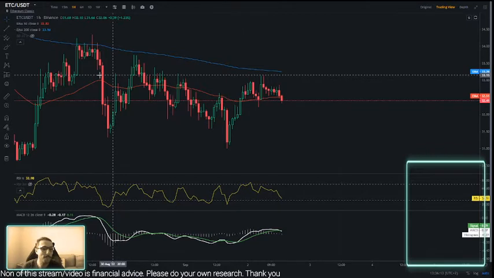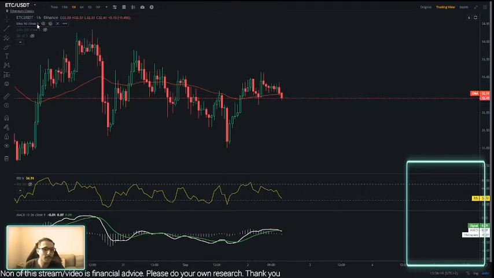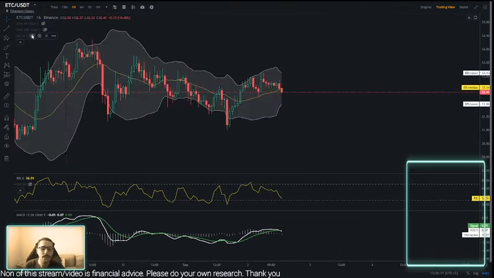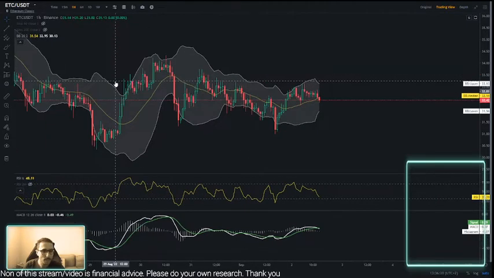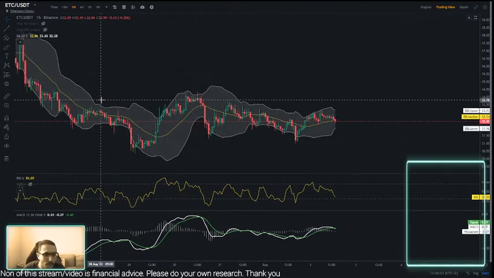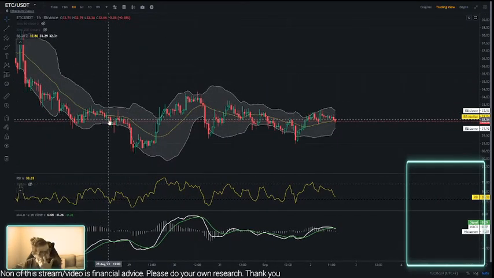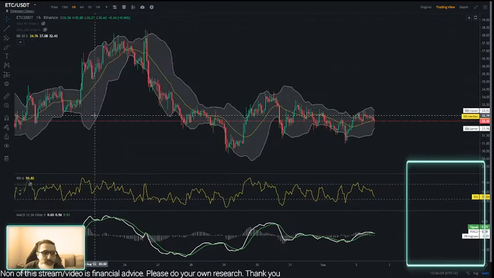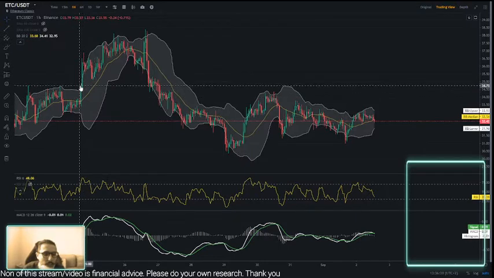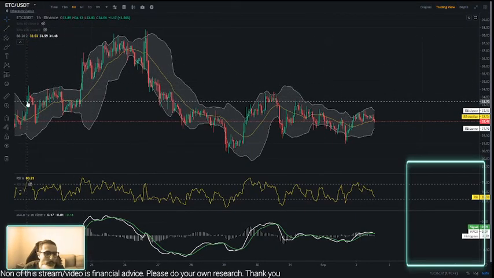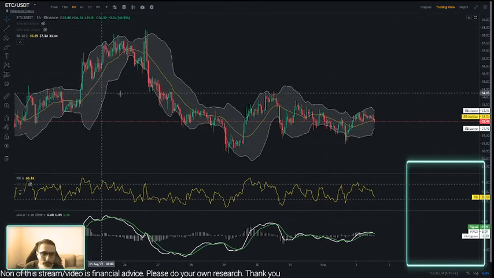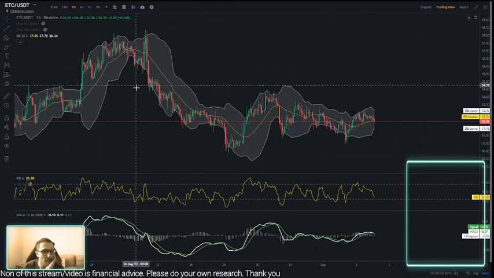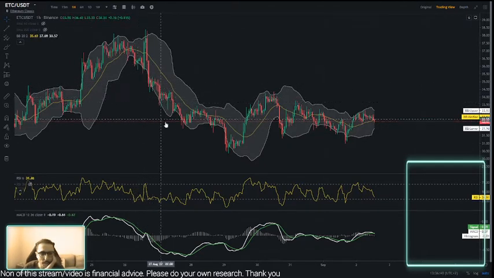Now let's pop up the Bollinger Bands. Here they are. So what is history telling us? In recent history, we rarely closed above the Bollinger Band, but more frequently we closed below them.